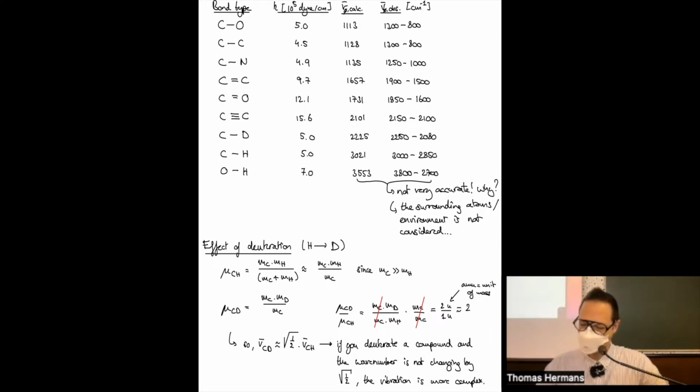So let's look. Going to cheat again, sorry. There you go. This is for the different bond types. I'll give you a couple minutes to copy this if you want. So for the different bond types, just using this calculation, we use Hooke's law.